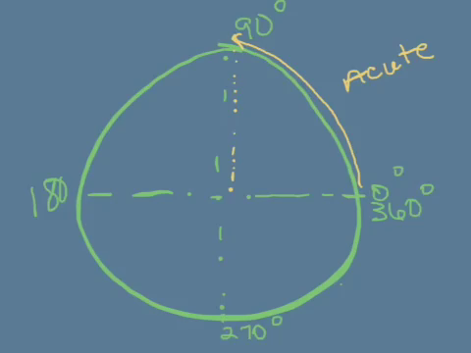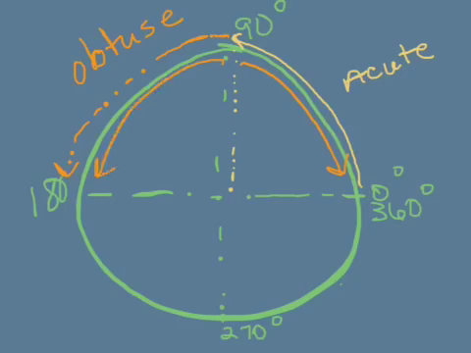Anything that goes on the other side, from, let's say, 91 degrees to here, is called an obtuse triangle, or an obtuse angle. So you have 90 degrees as your right triangle, and then you have acute angles and obtuse angles.